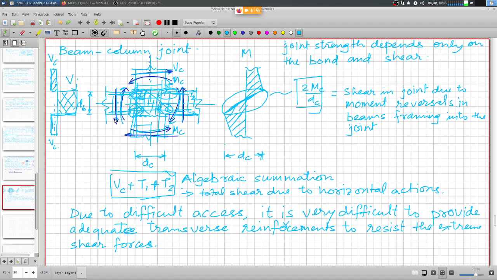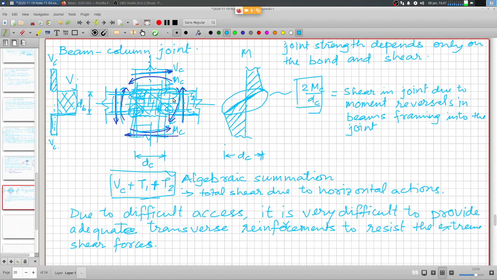It may slow the workmanship a little, make it a difficult exercise in placing the reinforcement cage, but it has to be done. There is no getting away from this exercise. There is no way you can avoid providing shear reinforcement in the beam column joint.